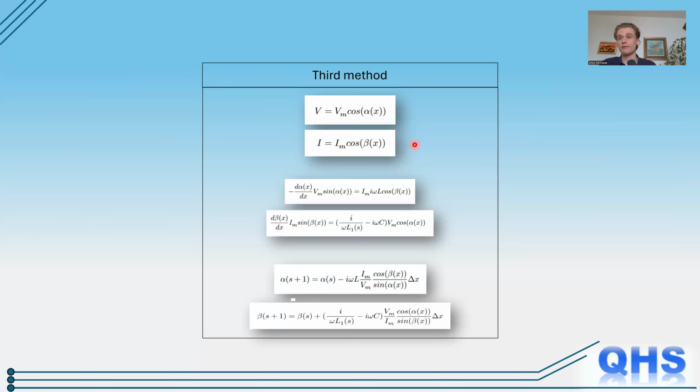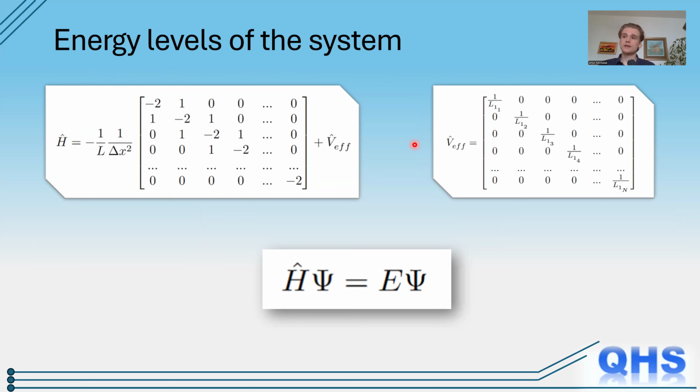Now we will go to the method of finding the energy levels and the wave function of those energy levels in the system. So the Hamiltonian in our system looks like this. In numerical methods, we can replace the second derivative with a square matrix.